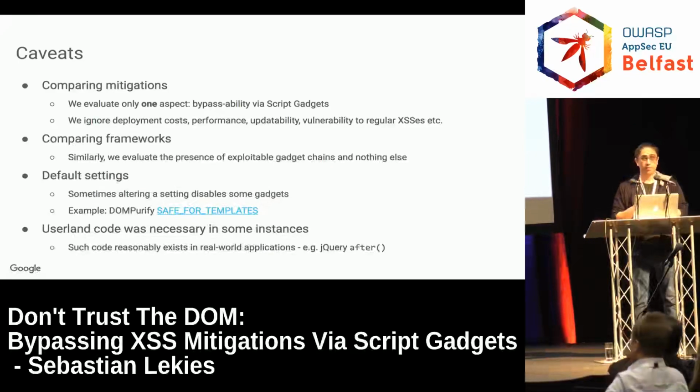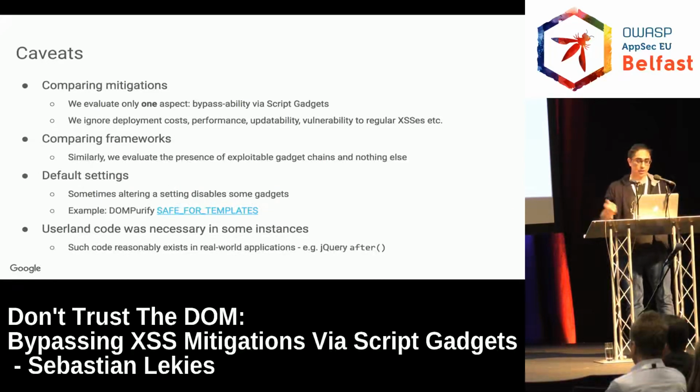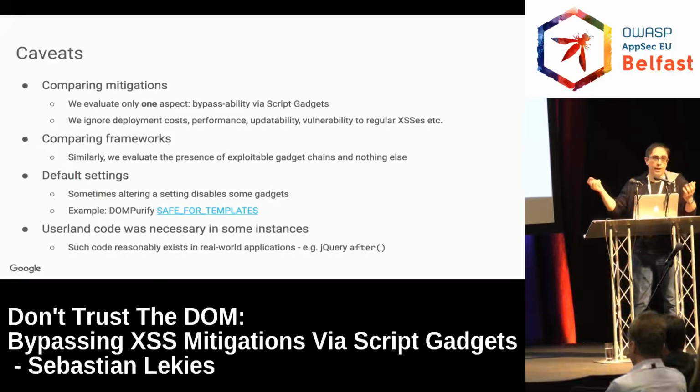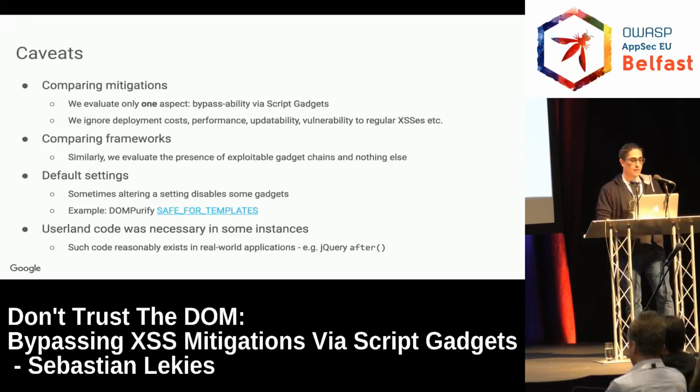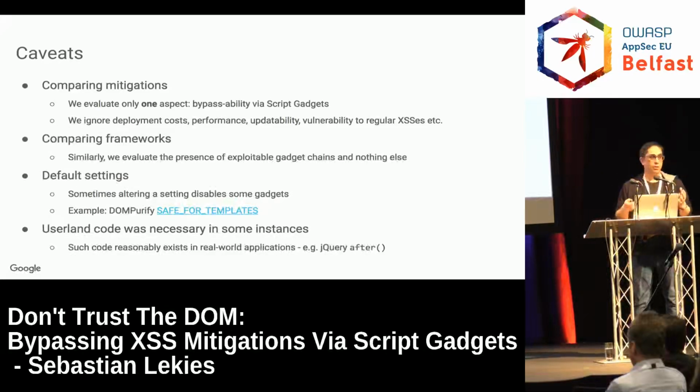Mitigations on their own have way more properties, and the decision on whether to implement a mitigation should also take those into consideration, like the deployment costs, performance, updatability, or, in the end, vulnerability to regular plain 10-year-old XSSs. Also, obviously, you should not use the framework that has fewer gadgets or no gadgets unconditionally. There are other considerations to take into account.